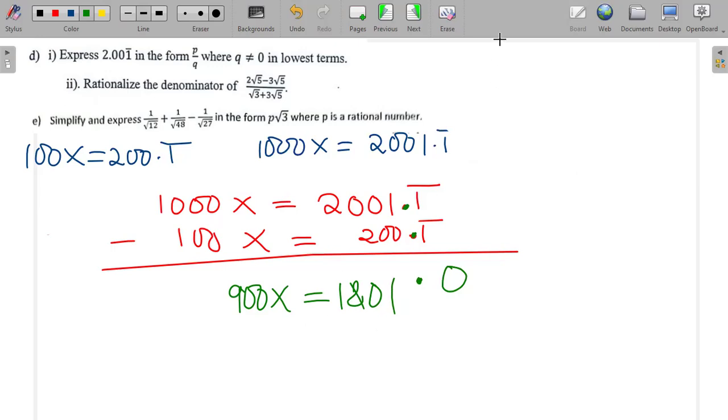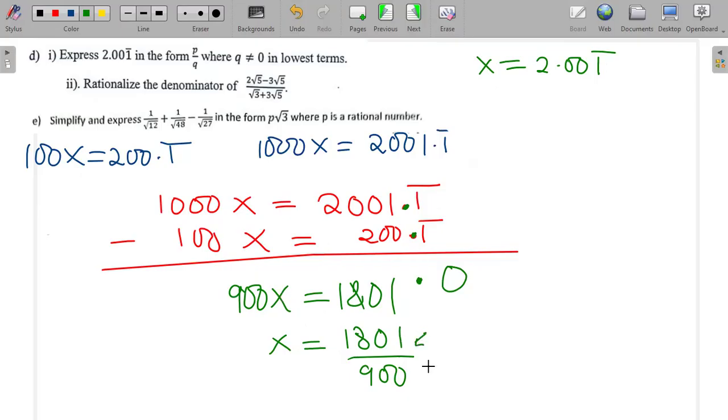Remember we had said our x is equal to 2.001 bar. So here we find x to be 1801 over 900. Is there any number that can go into both without leaving a remainder? No. So in fraction form this is 1801 over 900.